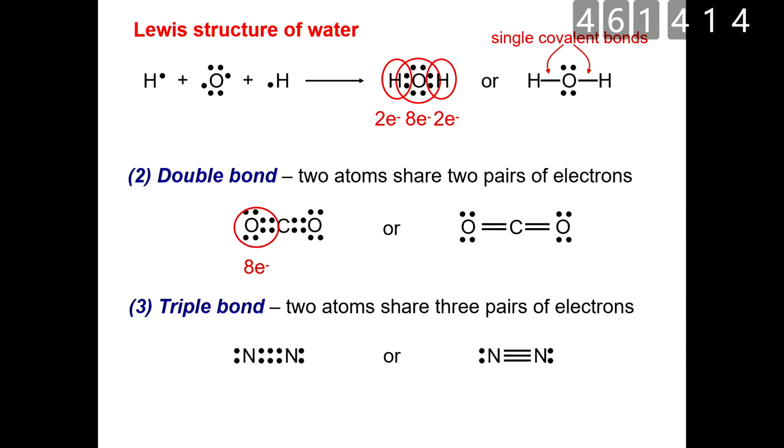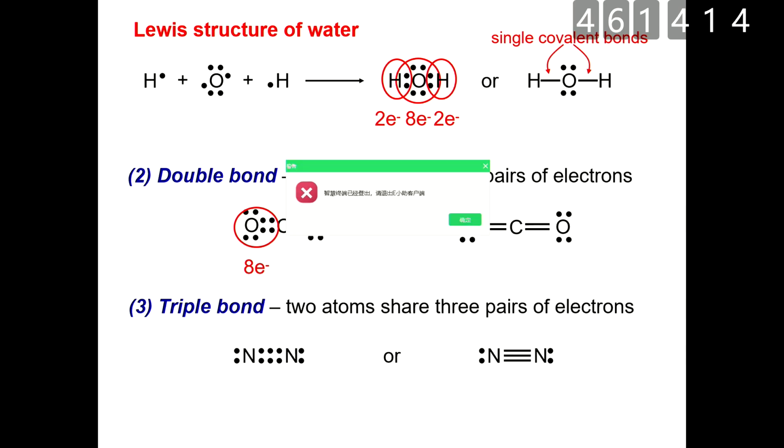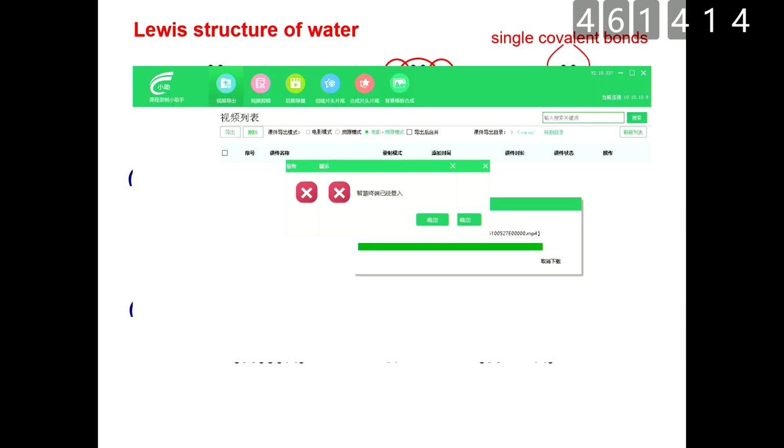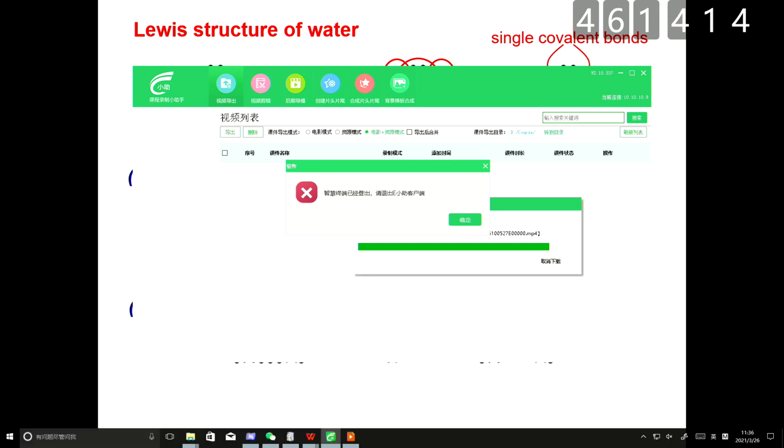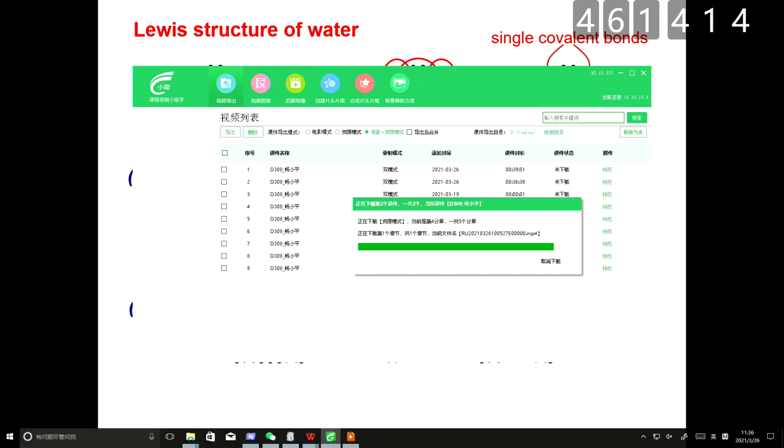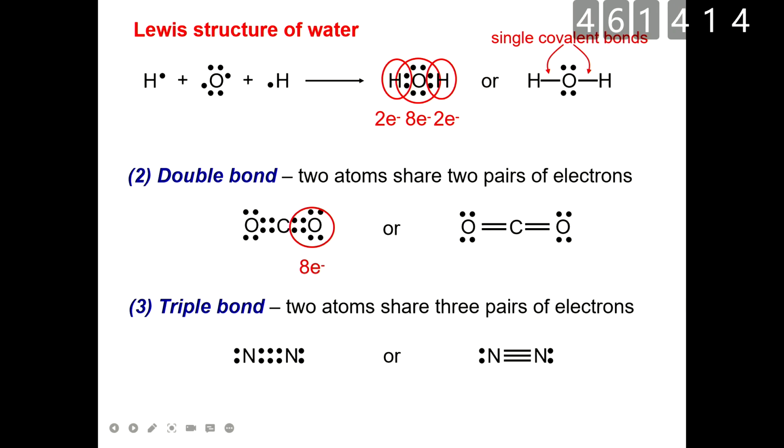Okay, so here we can see between the oxygen and the carbon, they share 4 electrons. 4 electrons, okay? And in this carbon and oxygen, they also share 4 electrons.